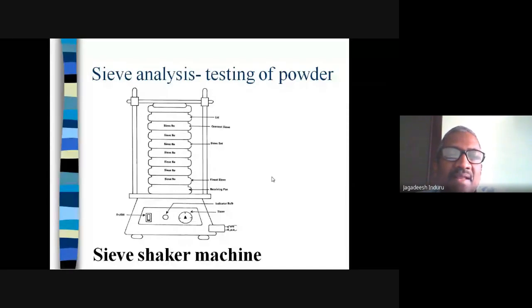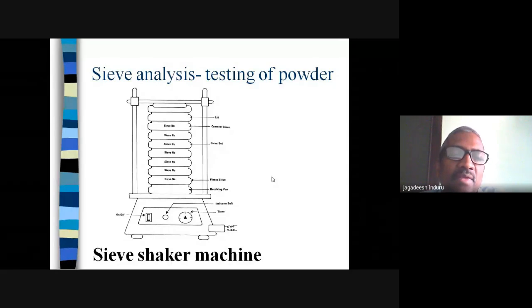One is plus material, another is minus material. Minus material will fall onto the bottom sieve. That again separates into 2 materials. Again, the minus material falls onto the further bottom sieve. Like that, the material will get separated into as many fractions as the number of sieves we have used.